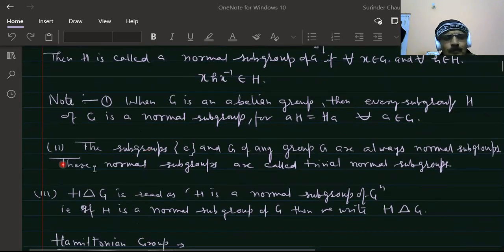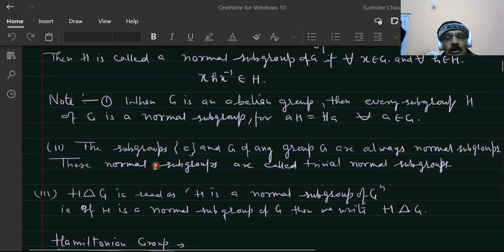Next, the subgroups {e} and G of any group G are always normal subgroups. The set consisting of the single identity element and the group itself are always normal subgroups. These normal subgroups are called trivial normal subgroups.